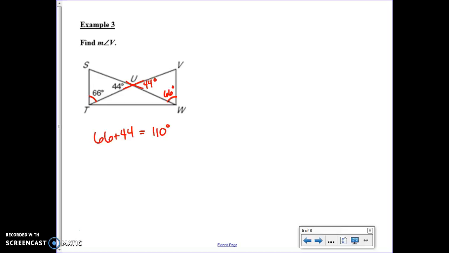Then my third angle has to be 180 minus 110, and that gives me 70 degrees. So this is 70 degrees, which means by the third angles theorem, this also has to be 70 degrees. So the measure of angle V is 70 degrees.